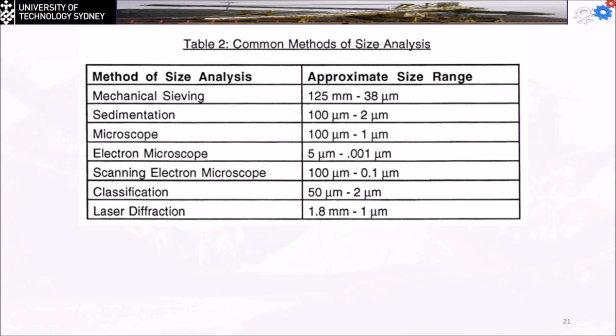The microscope is for sizes up to 1 micrometer, then the electron microscopes, the scanning electron microscopes, the classification, and the laser diffraction. The procedure you are actually going to do in the lab is the mechanical sieving process.